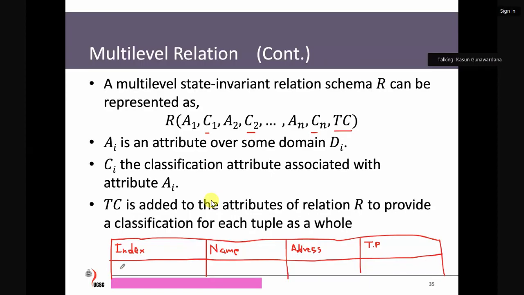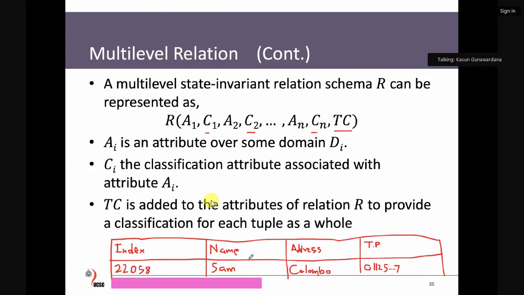This is the standard relation. So you may have different index numbers, like let's say someone has index number 2208, with name Sam, likewise there can be many rows. So that is the ordinary or standard relation.